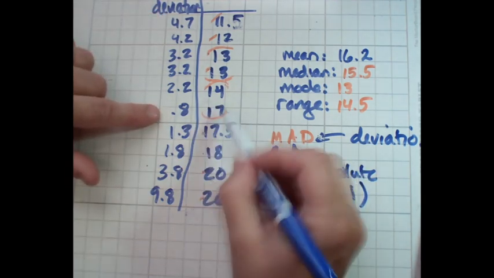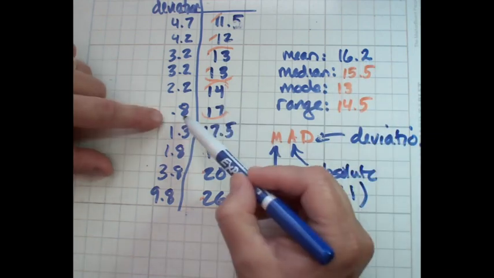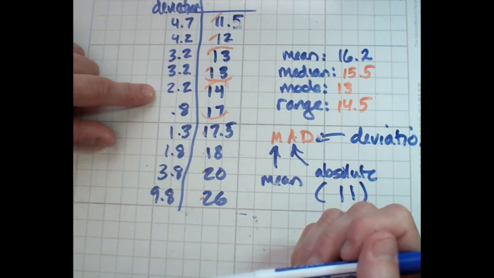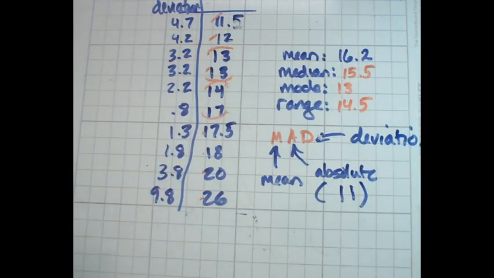So these numbers in the middle, they're pretty close to the mean. 0.8 away, or 1.3, or 1.8, or 2.2 away. But these numbers on the edges, they're much further away. So what we now have are absolute deviations. What we're going to do with those absolute deviations is we're going to take the mean.